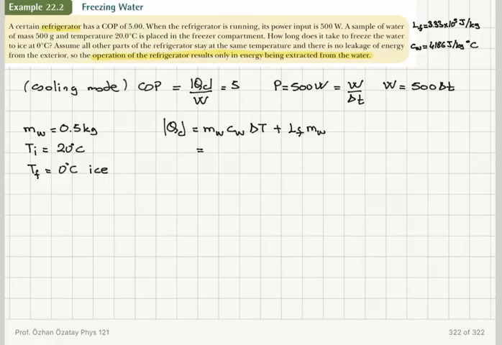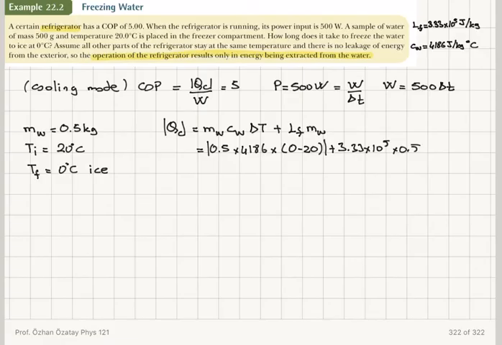This will be equal to 0.5 kilograms times 4186 times delta T, which is 0 minus 20, plus latent heat of fusion 3 times 10 to 5 joules per kilogram times 0.5. That's the energy extracted from the water to turn it into ice, and this has to be in absolute value.